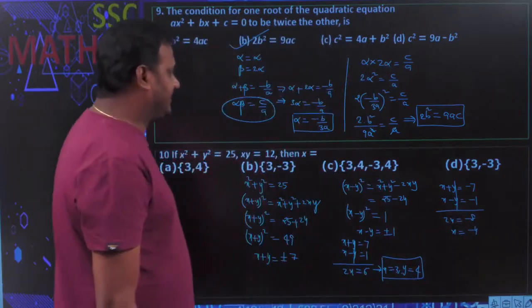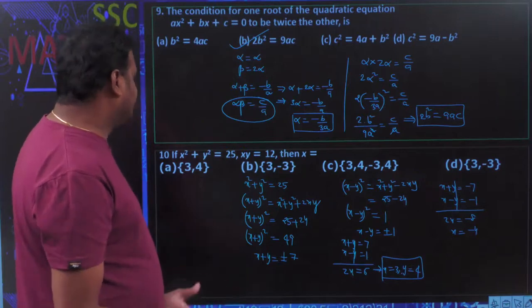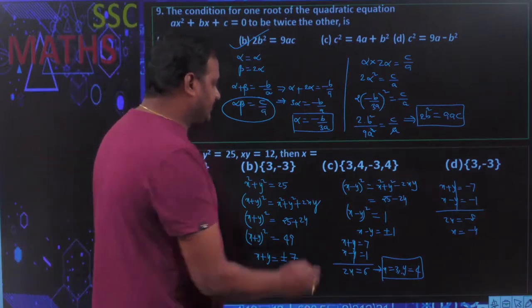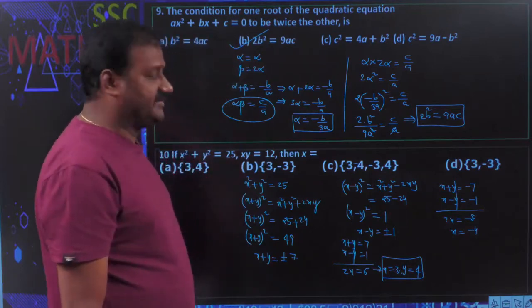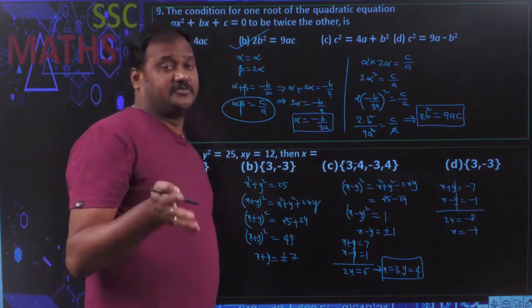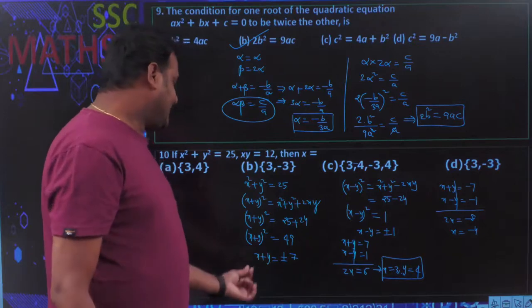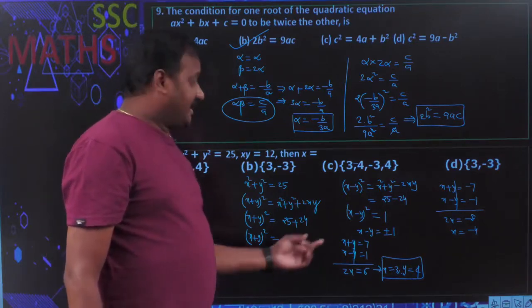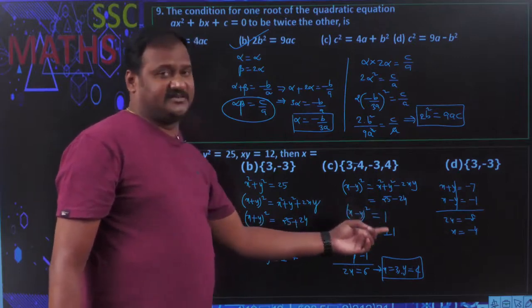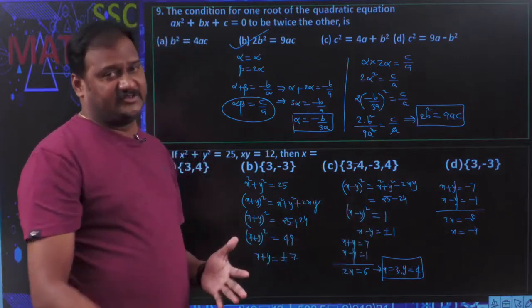You are getting x value minus 4 also. So where is that minus 4? See here, this is minus 4 actually. 3 comma minus 4 comma minus 3 comma 4. You have totally 4 possibilities for x because I have used x plus y is equal to plus 7 as well as minus 7, and x minus y is equal to plus 1 and minus 1. But simultaneously I use the equations.